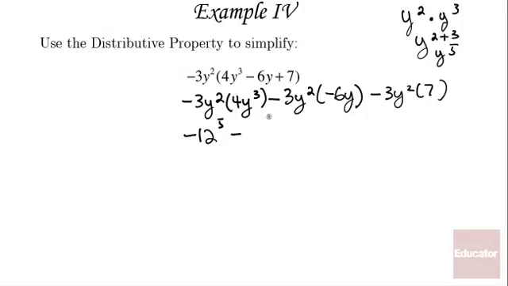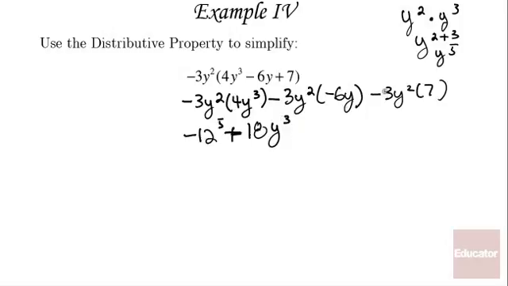In the next section here, I have minus 3 times minus 6. A negative is going to give me a positive, so I'm going to have plus 18 y squared times y. That would be 2 plus 1, which is y cubed.